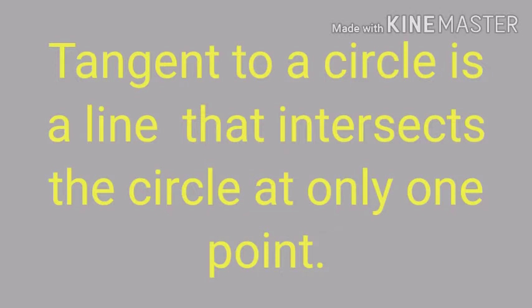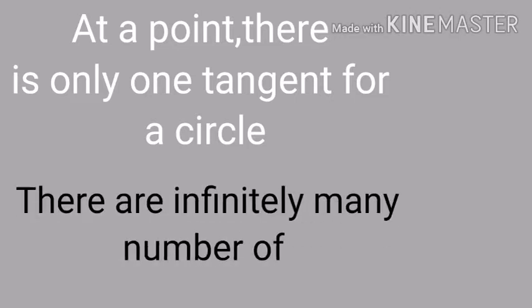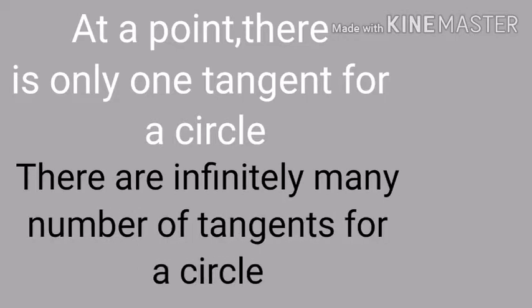At a point, there is one and only one tangent for the circle. But there are many tangents for a circle because there are infinitely many points on the circle.